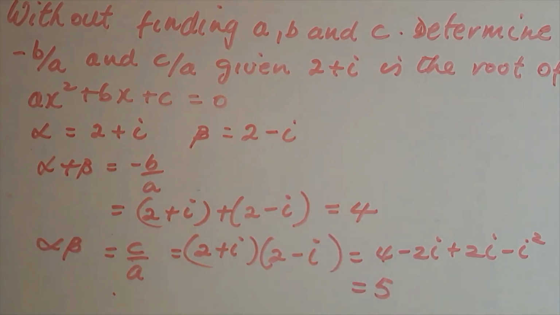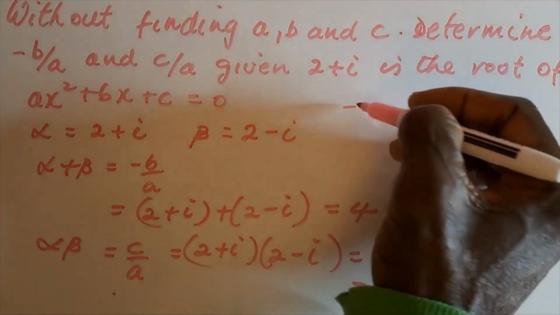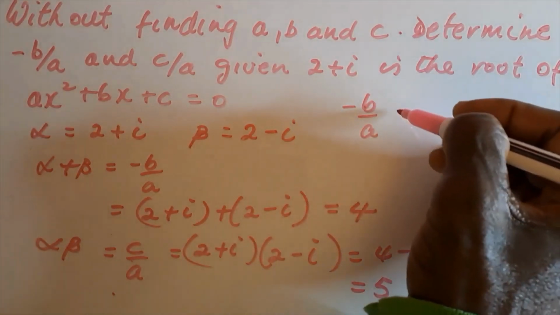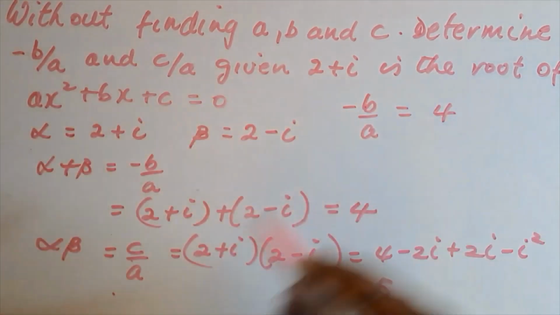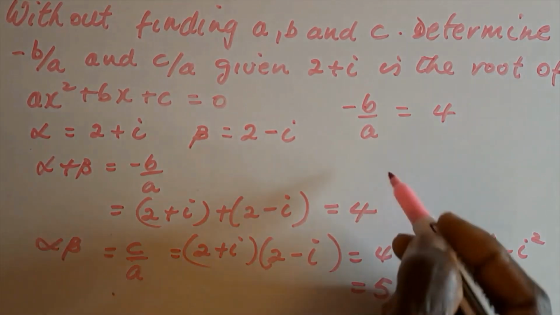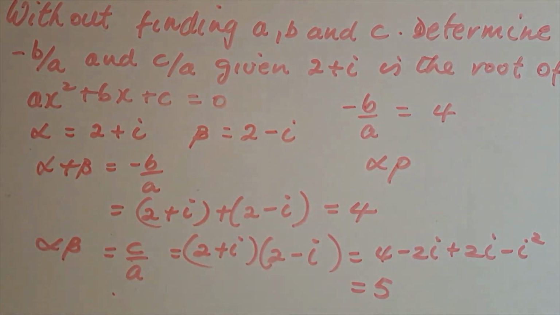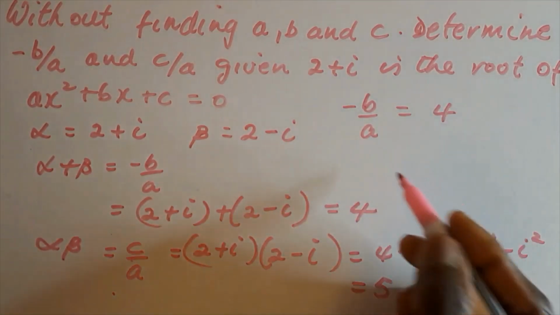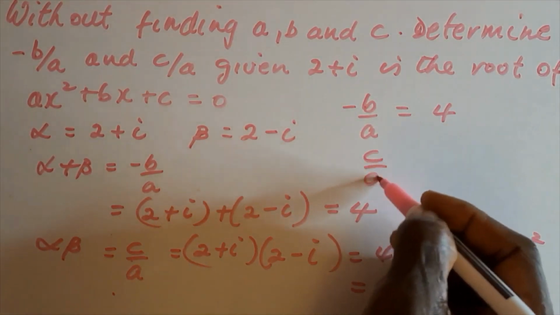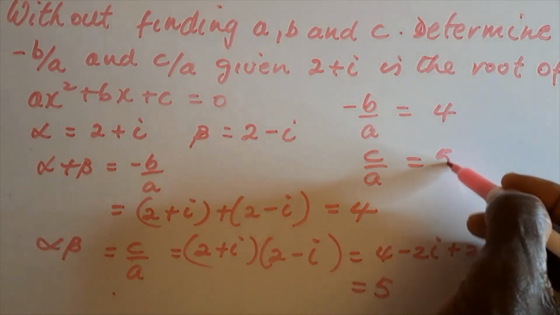So we've already worked out minus b over a is equal to 4, and c over a, which is the product alpha beta, is equal to 5.